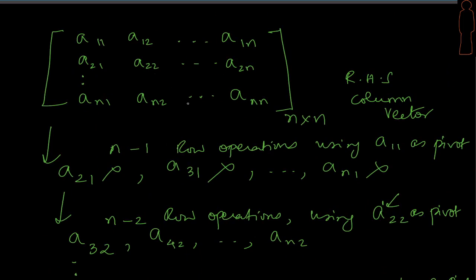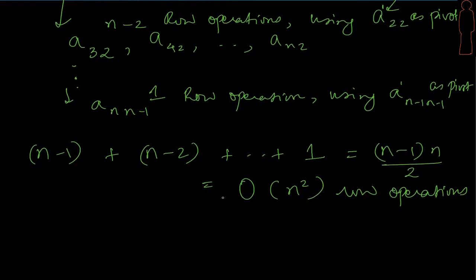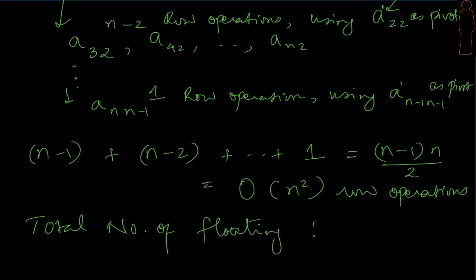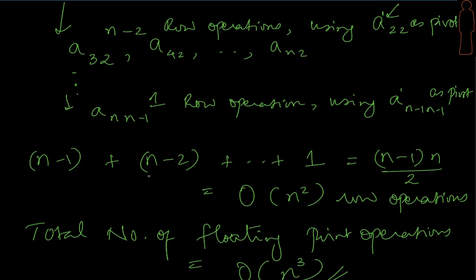Further, it's going to be n minus 2. But in effect, when we add all this and look at the big O notation, the total number of floating point operations is going to become order of n cube, right? There's nothing less than this that you can actually do for this elimination, and at the end of this you will find that we get an upper triangular matrix on which we perform back substitution and get our answer.